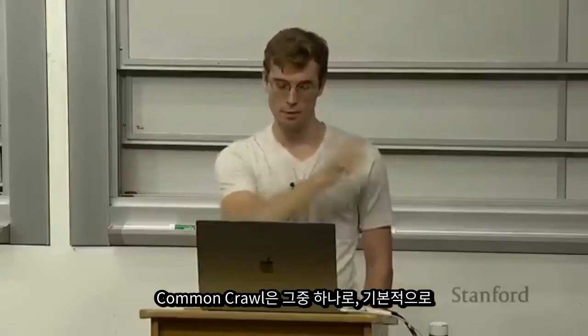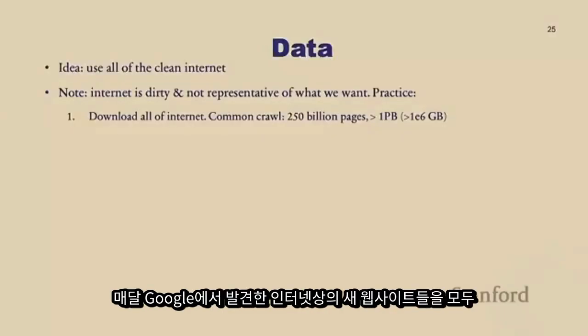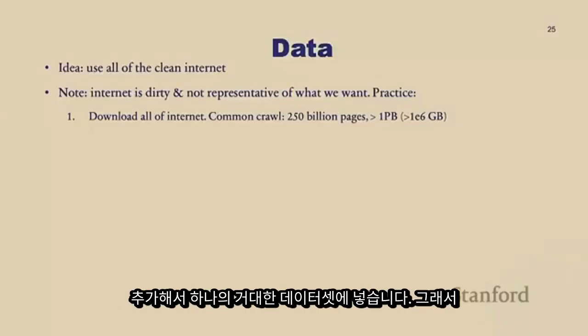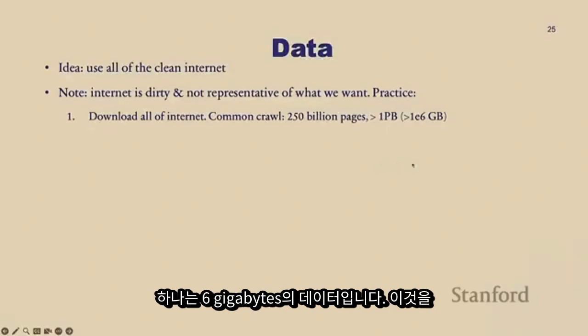People don't usually write their own; they use standard ones. Common Crawl adds every month all the new websites found by Google into a big dataset. So on Common Crawl you have around 250 billion pages, so 1e6 gigabytes of data.